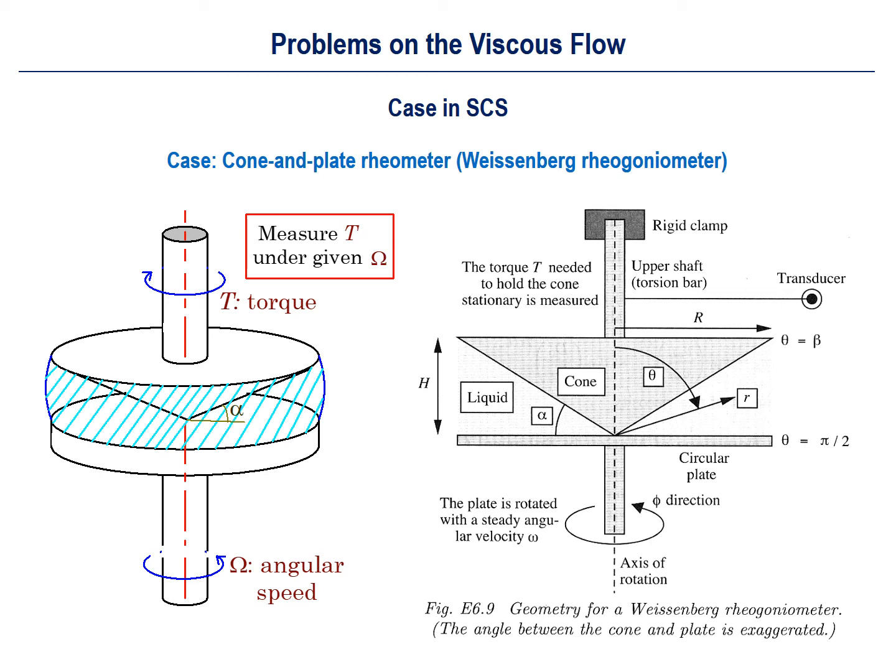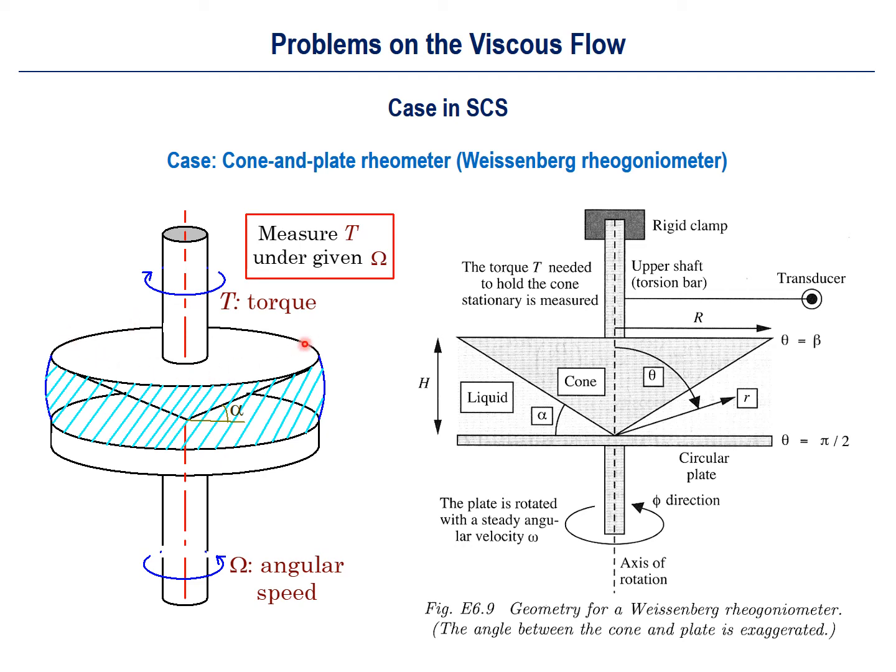As one of the famous examples which use SCS, let's look at an experimental apparatus to measure the viscosity of an unknown Newtonian fluid. This device is called a cone and plate rheometer, or Weissenberg rheogoniometer. This device accommodates the unknown fluid between the cone here, right?